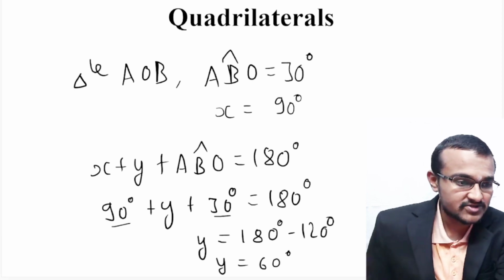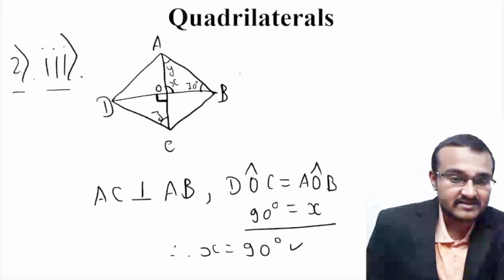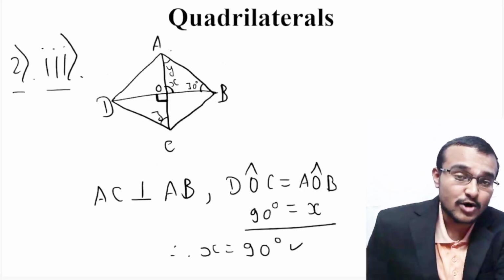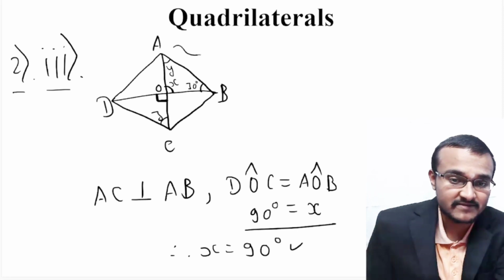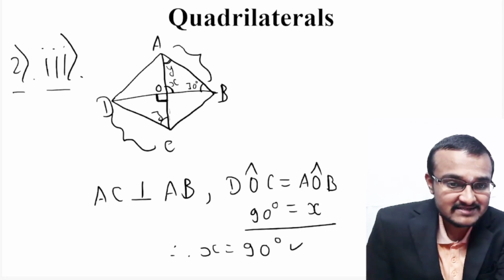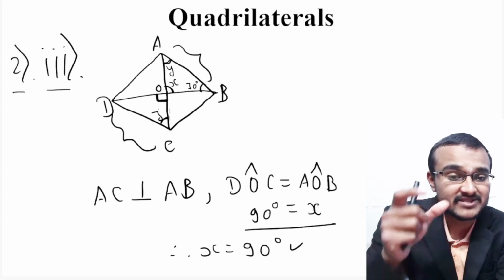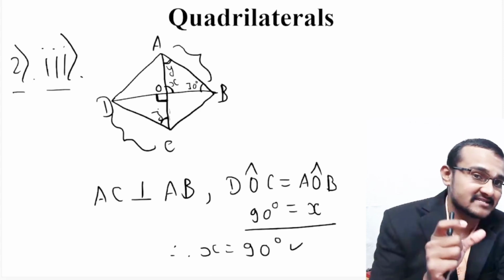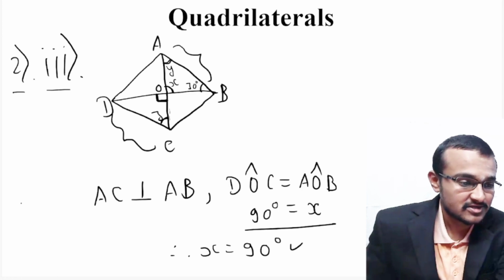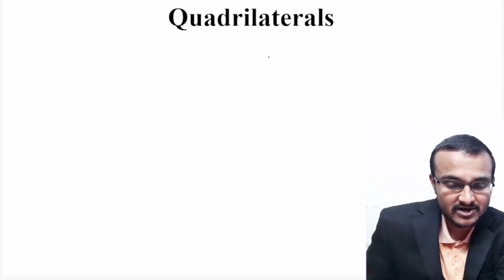So if Y is equal to 60 degree, then you can see that opposite sides of a parallelogram are always parallel to each other. Here AB and DC are opposite sides. That means Y and Z are acting as alternate angles between these two parallel lines AB and DC. Let me just draw the diagram.